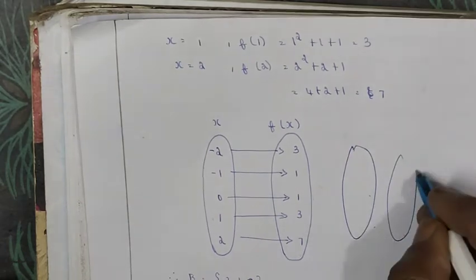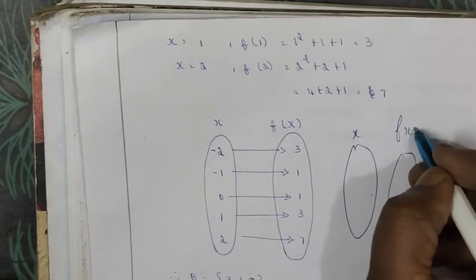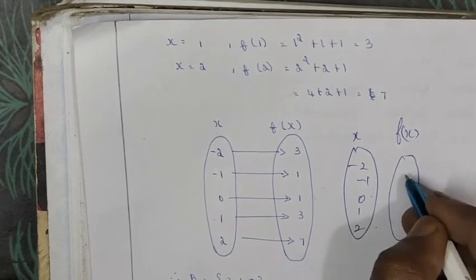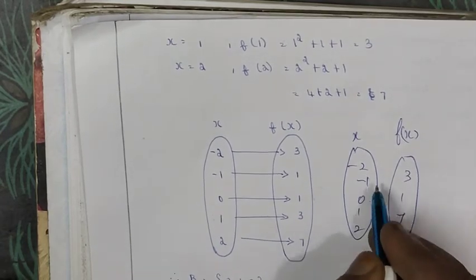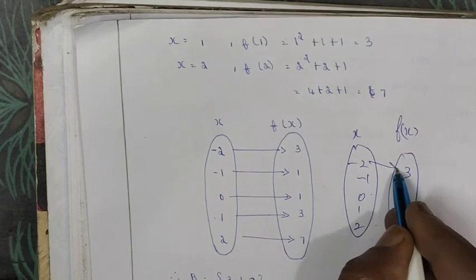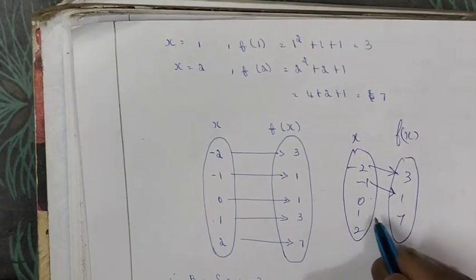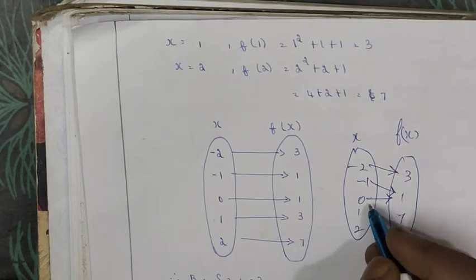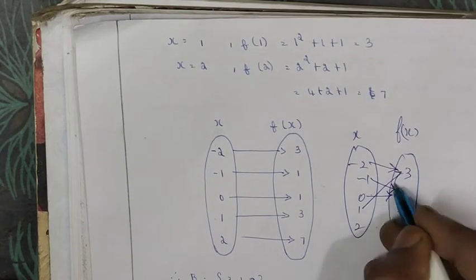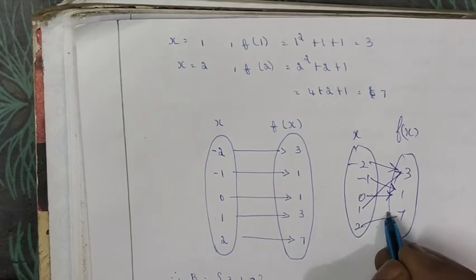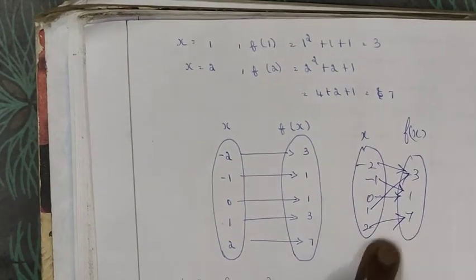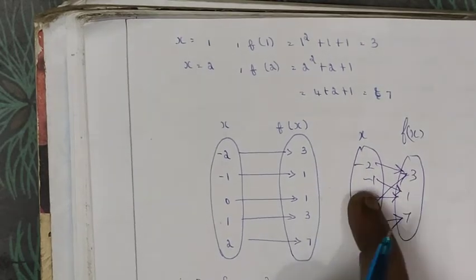So -2 is related to 3, -1 related to 1, 0 related to 1, 1 related to 3, and 2 related to 7. Here, since it is given as onto function, no element is left over. All the images have the pre-image.